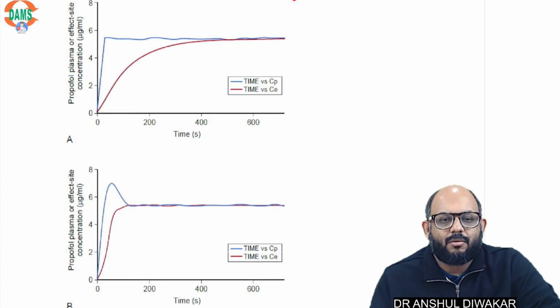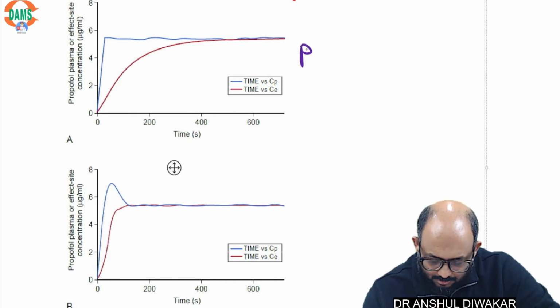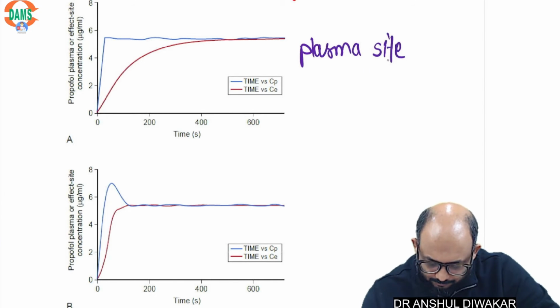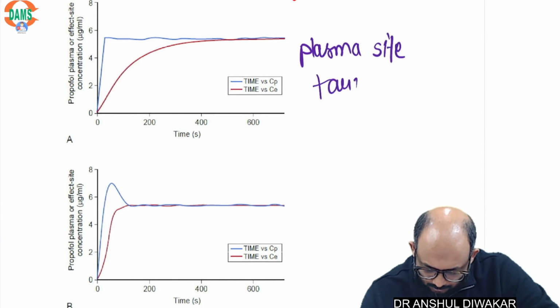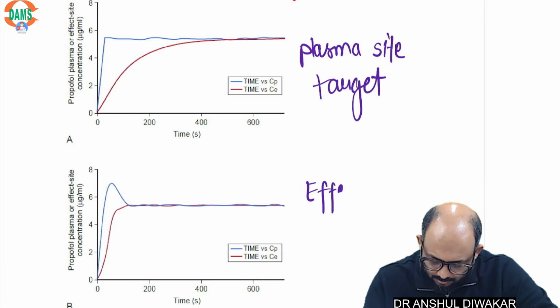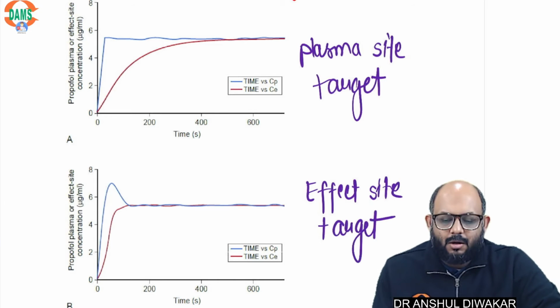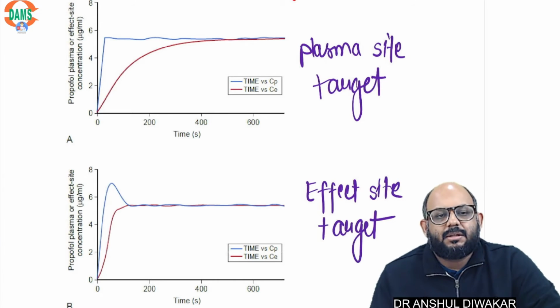Now, this is the difference between a plasma site target versus an effect site target.